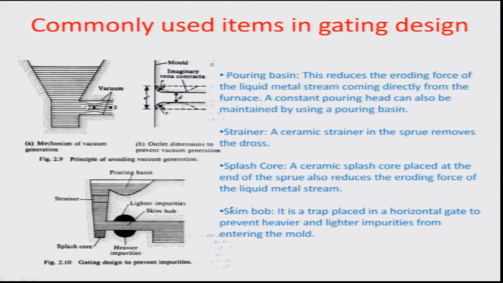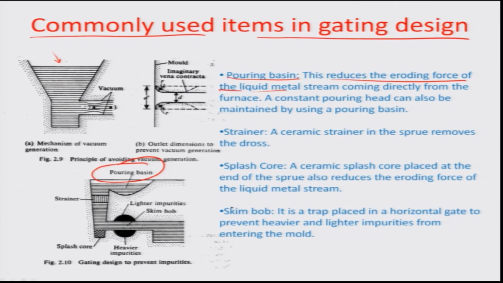The commonly used items in the gating design, which I probably have mentioned earlier but not in total detail, start with the pouring basin, which you can see right about here, the complete shape here. It contains the liquid metal and reduces the eroding force of the liquid metal stream coming directly from the furnace.